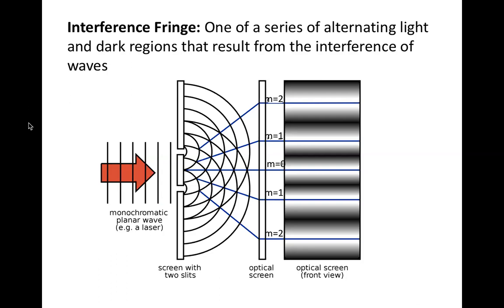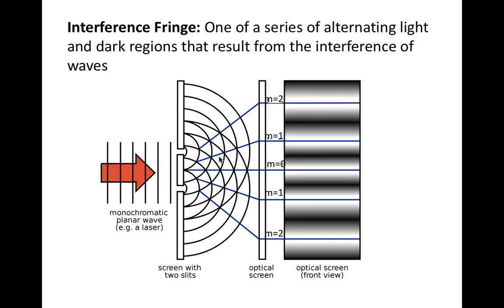So we have a monochromatic source because we've used a laser through a double slit. That's why it's called the double slit experiment. And then it looks like there's 2 wave sources because of diffraction here. And then from the interference of those 2 waves, you get the nodal lines, which are the destructive areas, and then you get the constructive areas where the crests add.